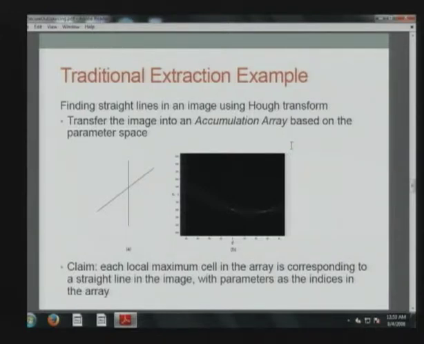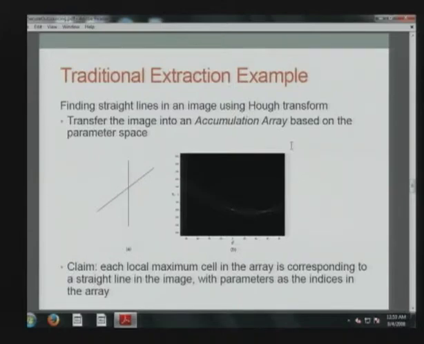What the Hough transformation does is, for each cell in the array, in the rho theta space, it counts how many non-zero pixels are on the corresponding straight line in A. That's how they get the accumulation array.